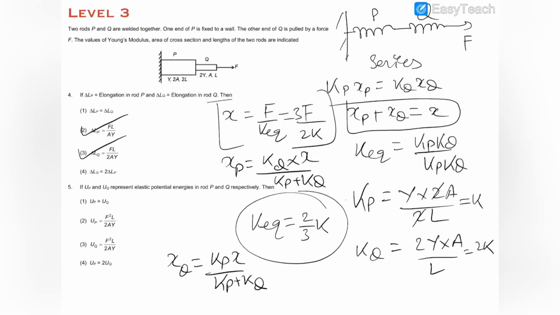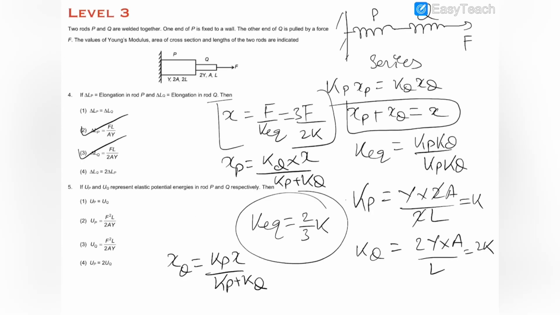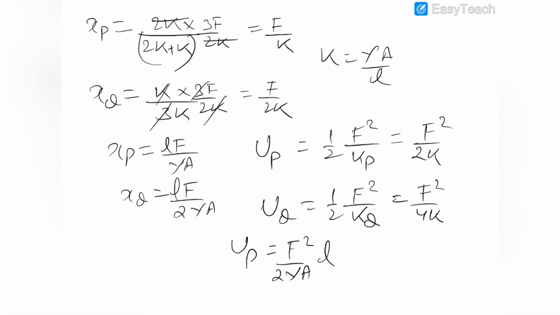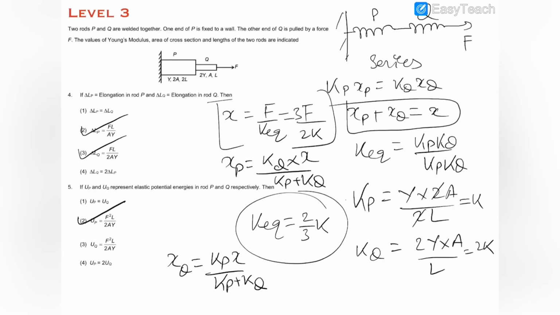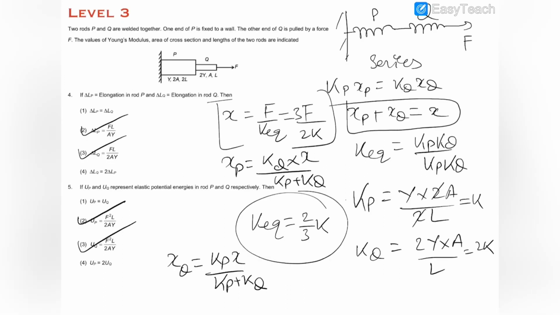Okay, so we can say that the value of Up will be F square by 2 gamma A by L, which is option number 2. And we also know that Up is equal to twice of Uq. So the correct answer will be option number 3 also. Okay, now we move on to the next question.